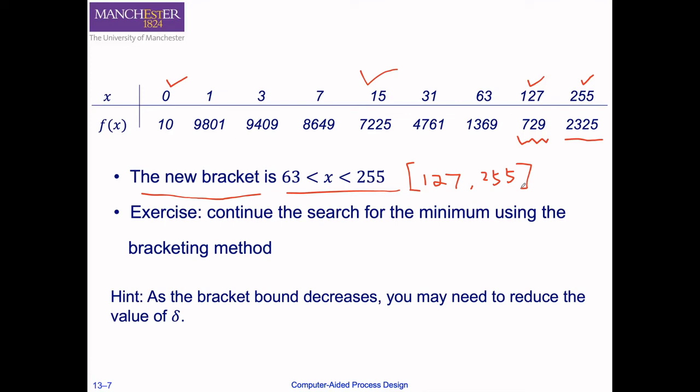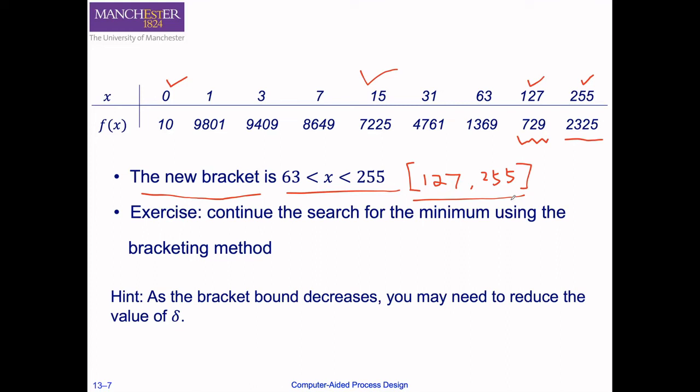We cannot. This is because we don't have any trial point between this bracket. We don't know if the function value at any point in this bracket is less than the function value at 127. If the function value at any point between 127 and 255 is greater than the function value at 127, that means there is no minimum between 127 and 255.